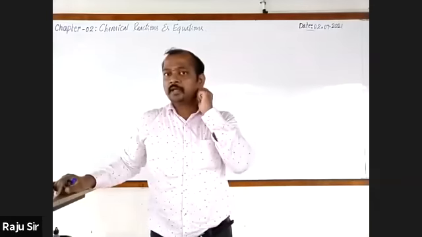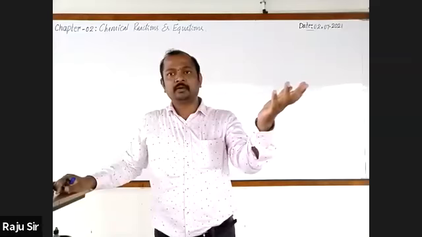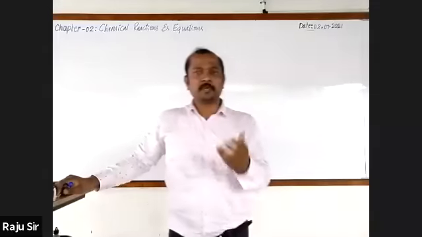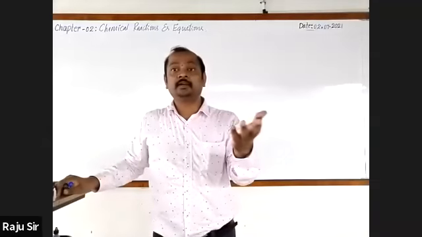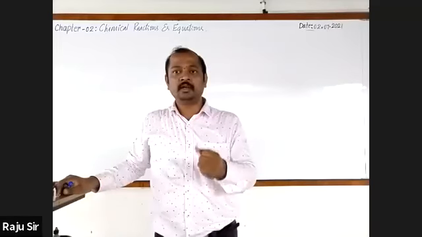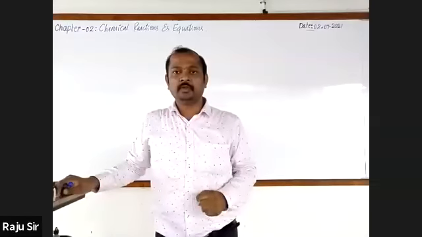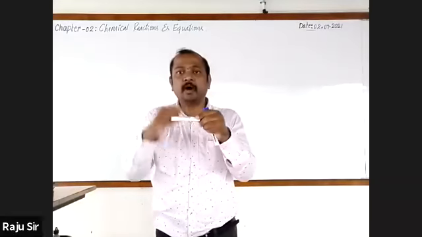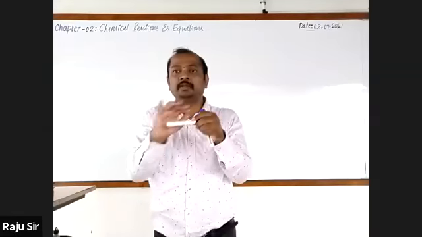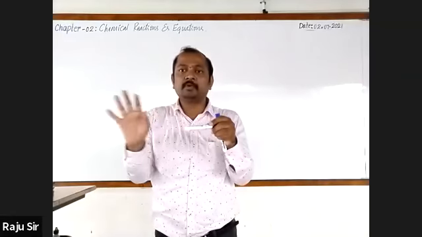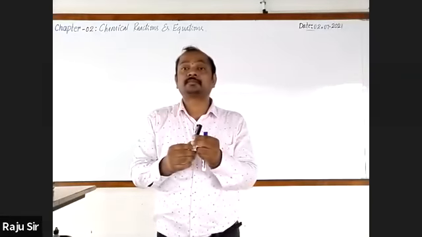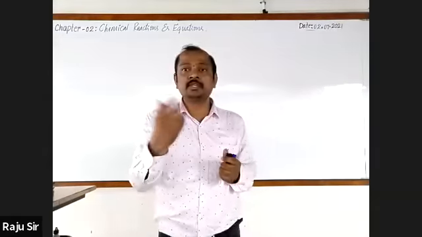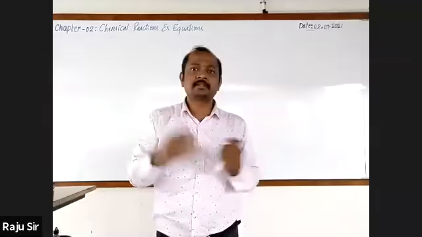When iron metal is kept open to the atmosphere, you all know that it gets corroded, right? Or it gets rusted. Once it gets rusted, a flaky substance is formed on its surface, and this can be removed easily, and the iron loses its mass and its strength.